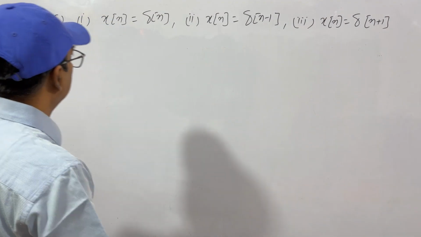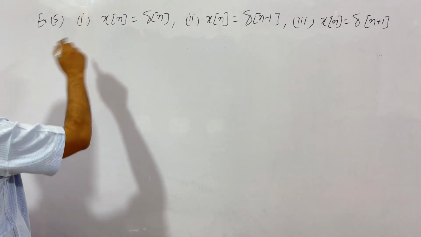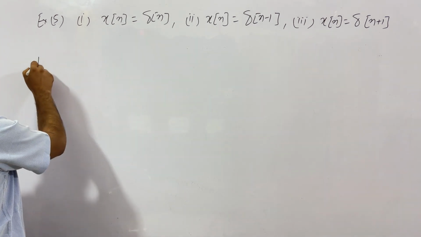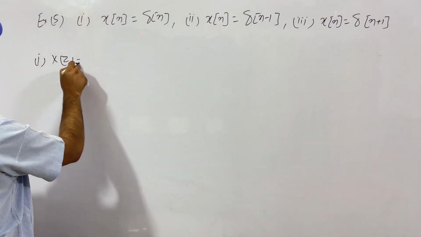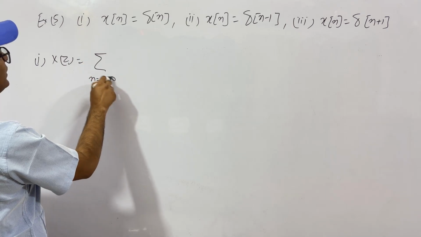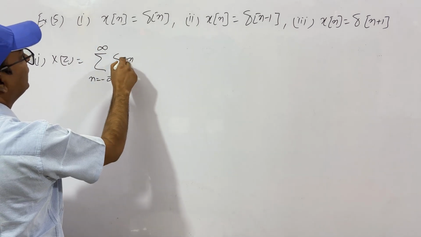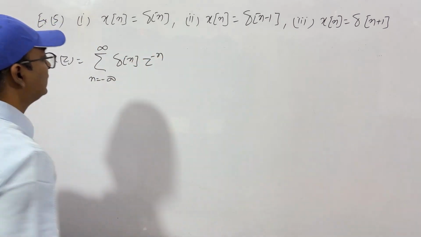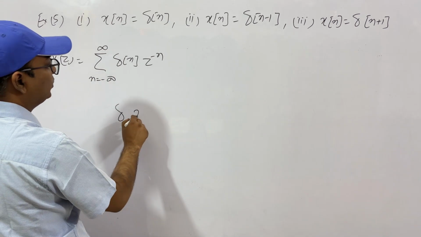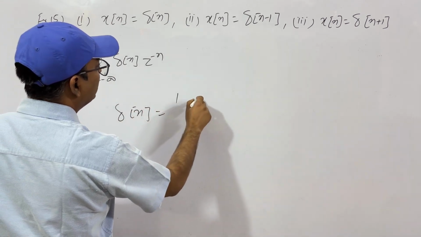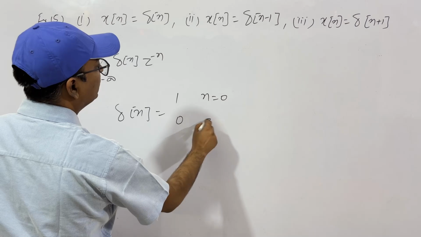Now we have 3 expressions for x[n], our fifth example. Let's see the first. x[n] is delta[n]. So X(z) will be the sum from n equal to minus infinity to infinity of delta[n] z to the power minus n. Now try to understand this. Delta[n] is equal to 1 for n equal to 0 and 0 otherwise.